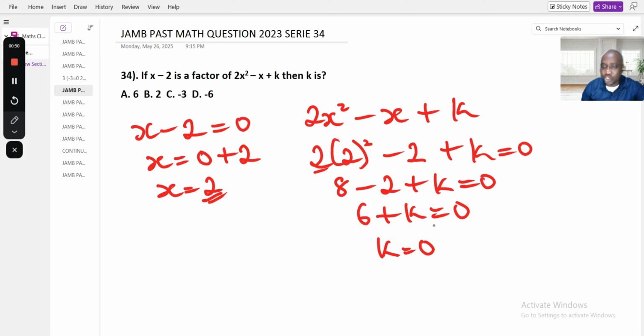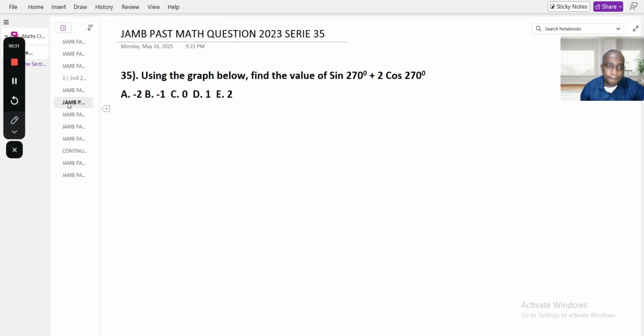By the time it drops the equal sign, it's going to change to minus. k equals 0 minus 6, which is going to give us minus 6. Our final answer is minus 6. Do we have it? Yes, D. Our answer is D. Let's move to the next question.